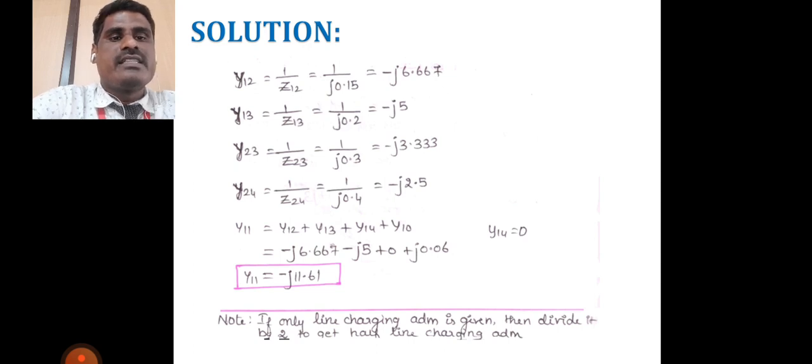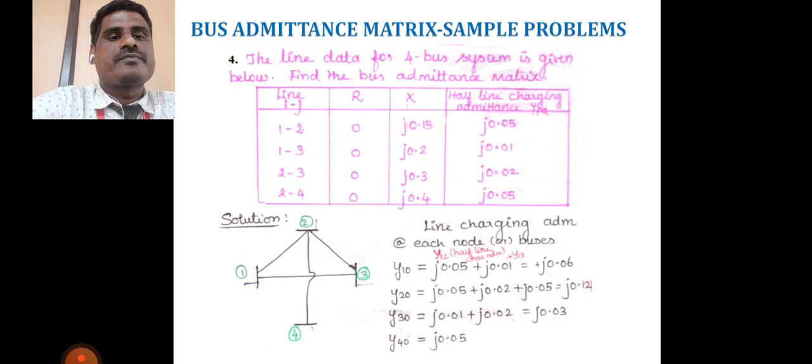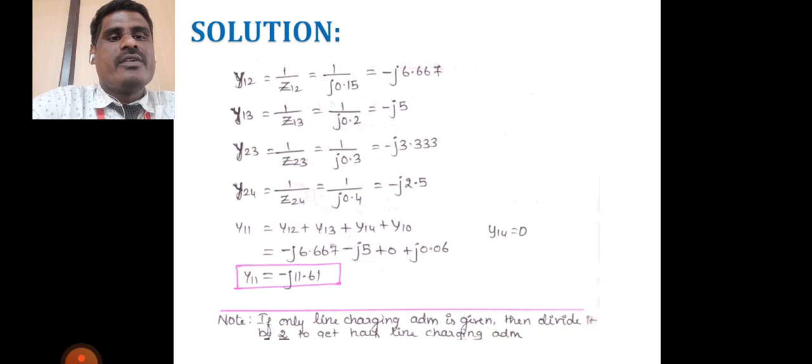In this case y11 equals y12 plus y13 plus y14 plus y10. We already calculated the value of y12 as minus j 6.667. Just substituting the values in the diagonal formula: y11 equal to y12 plus y13 plus y14 plus y10.